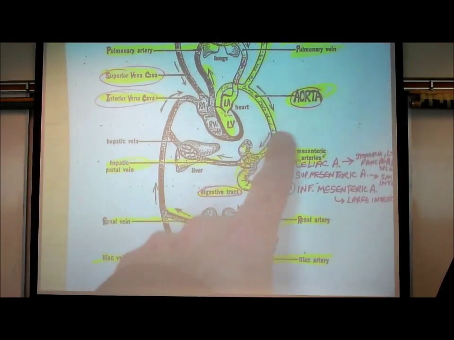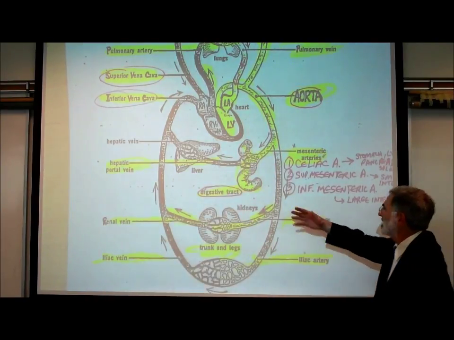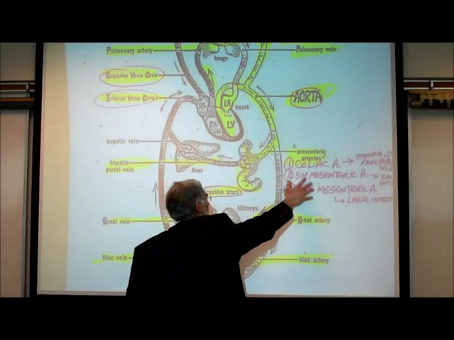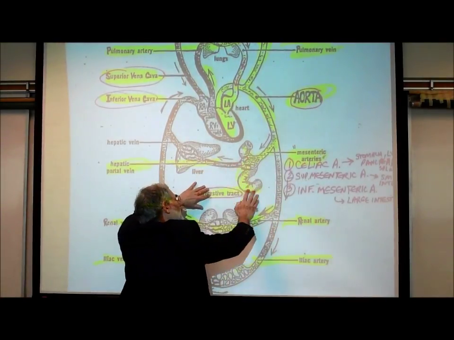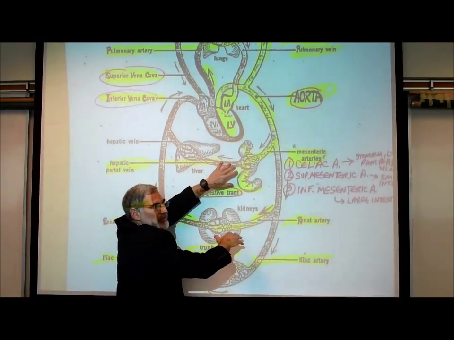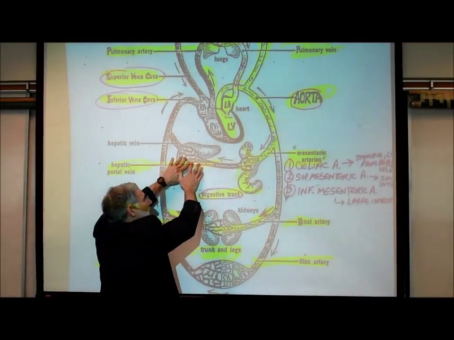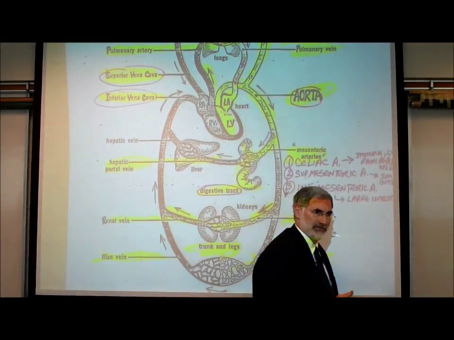Let's look at another aspect on this diagram before we leave it. Now, we said oxygenated blood is carried to the digestive tract, and that provides oxygen for the organs of your digestive tract. And then we said if you have food in your intestine, you're going to be absorbing all these nutrients, all the sugars and vitamins and minerals and amino acids, and they're carried in this hepatic portal vein right to the liver.